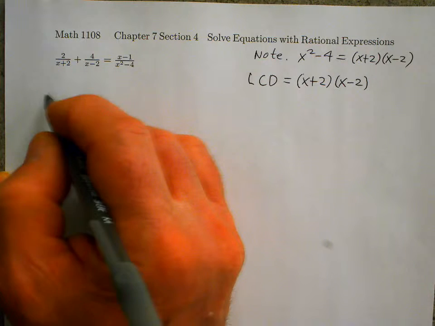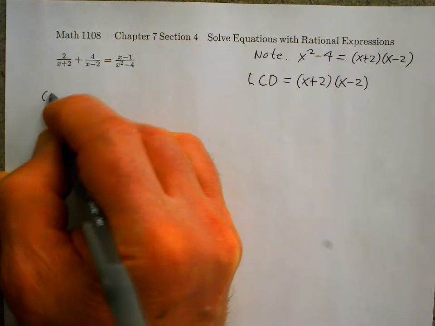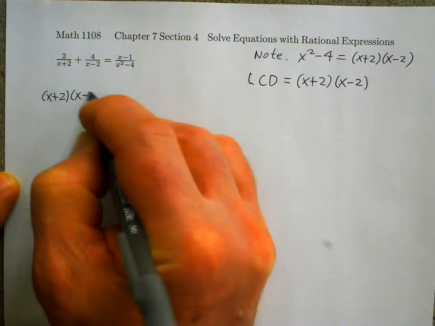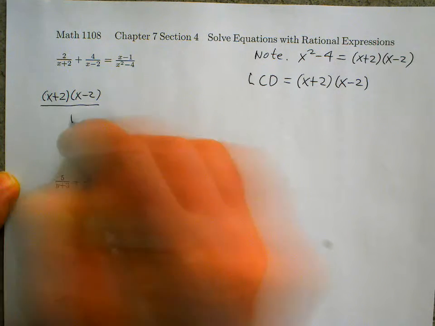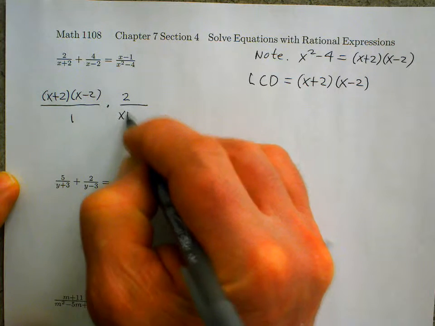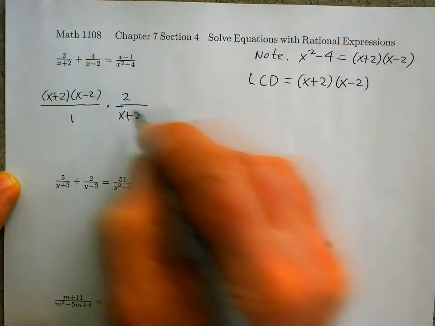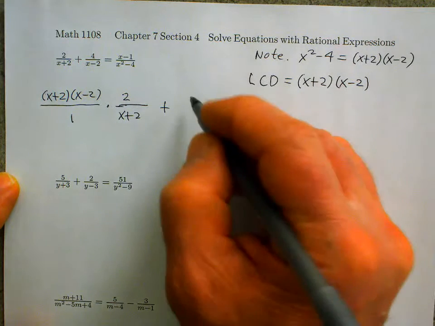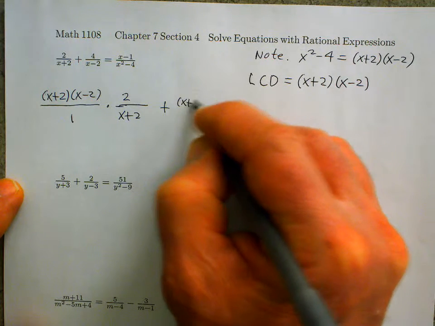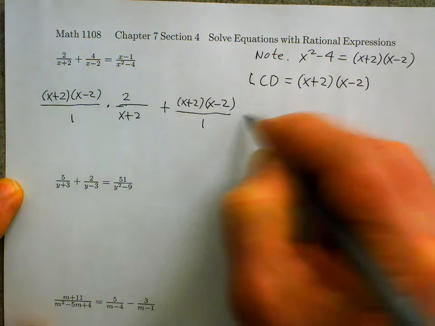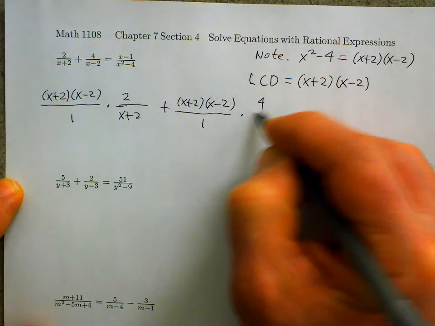So in the first step, x plus 2 times x minus 2 over 1, multiply that by 2 over x plus 2. And then multiply it by the next term, x plus 2 times x minus 2 over 1 times 4 over x minus 2.